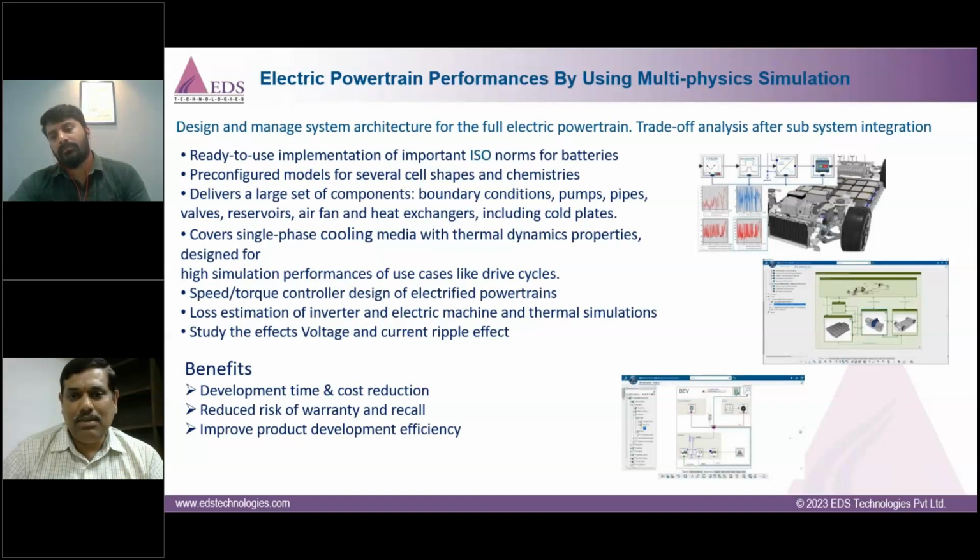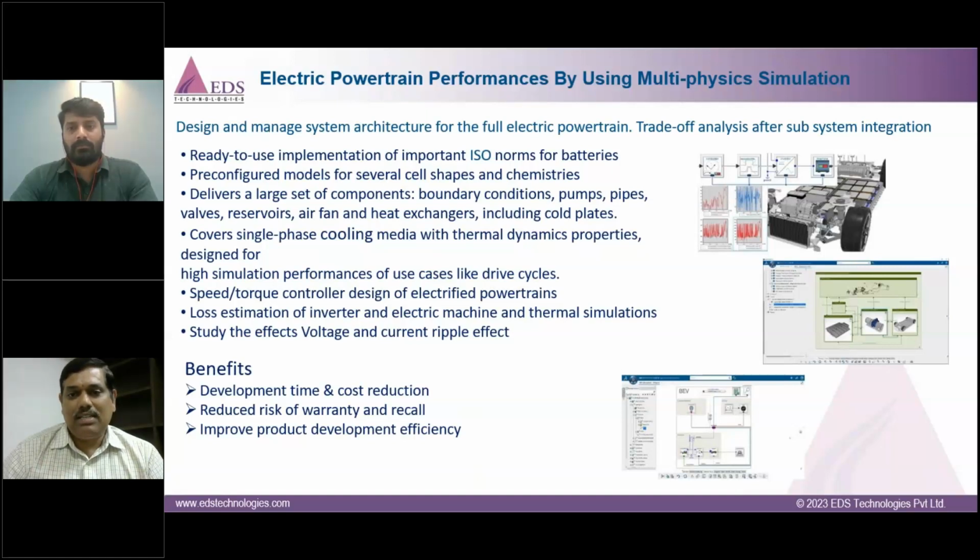In this example, I'll be highlighting electric powertrain performance. Basically, we need to start with the system's logical circuit definition. That is the first and foremost thing that we need to do. We have a CATIA systems architecture definition to take care of the logical circuit definition.